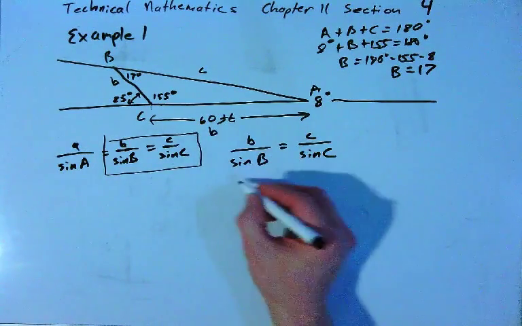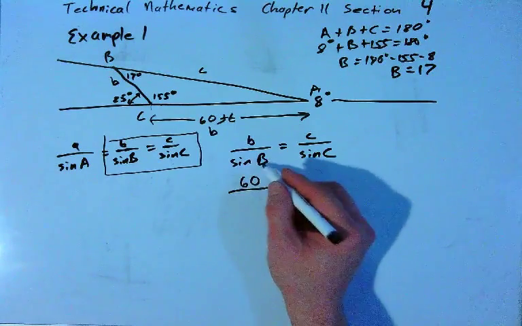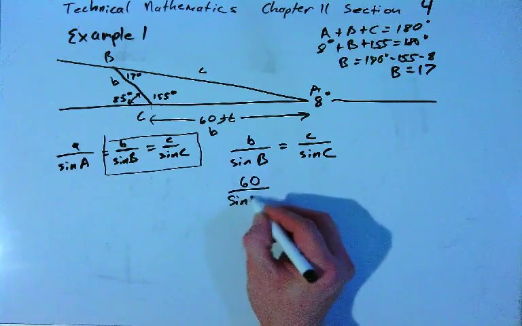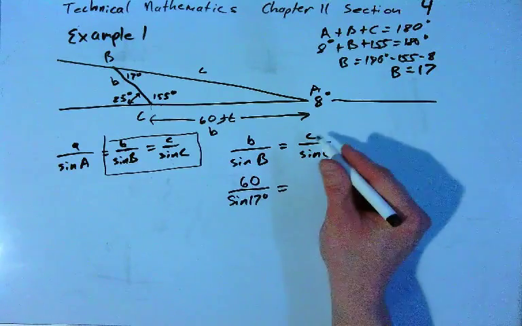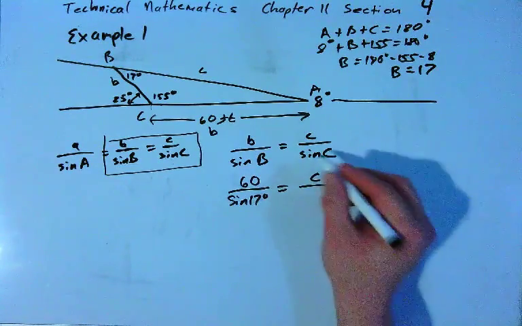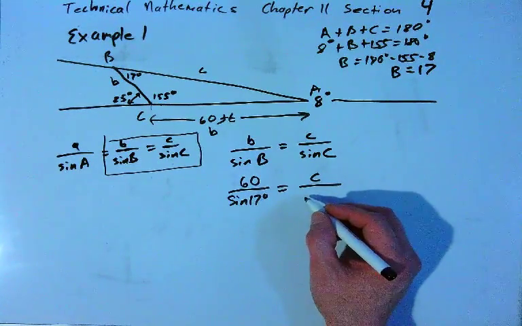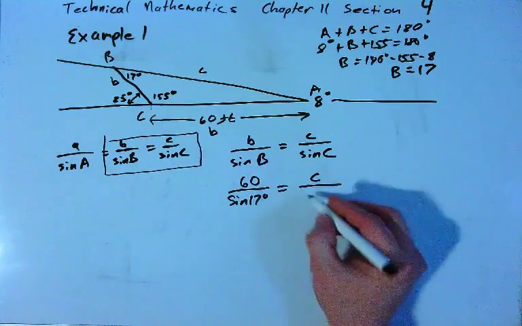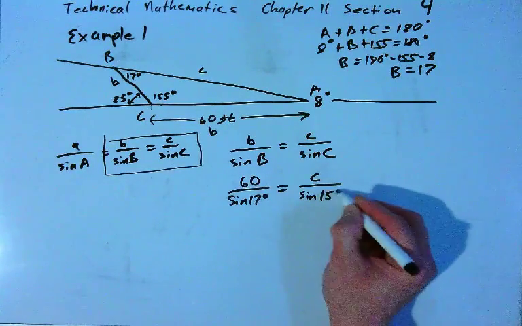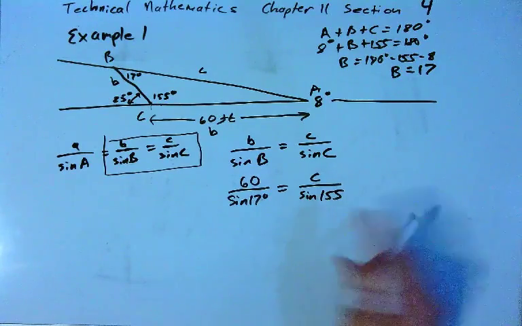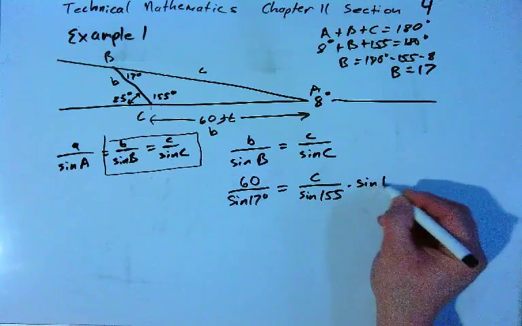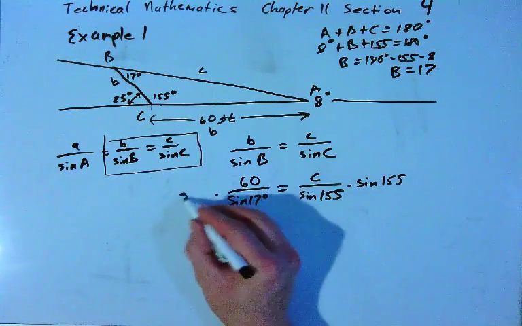And so side B is 60 feet. The angle B is 17 degrees. Side C is what I'm looking for, and angle C is 155 degrees. Okay, we want to solve for C, so we'll multiply both sides by sine of 155.